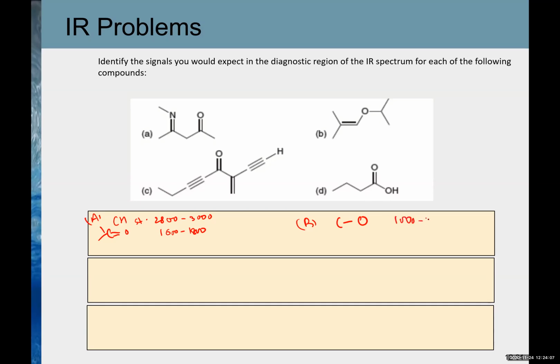1000 to 1200. Yep. And anything else? Now in this case, it's asymmetrical, right? Alkene. And on the right hand side, there's an O. So that oxygen is going to withdraw, because it's electronegative, so it's going to make this side different in polarity than the left hand side.